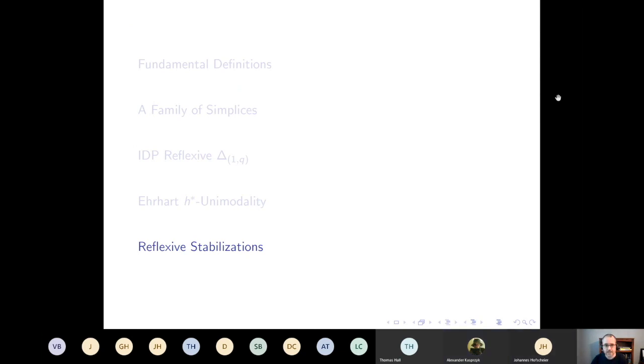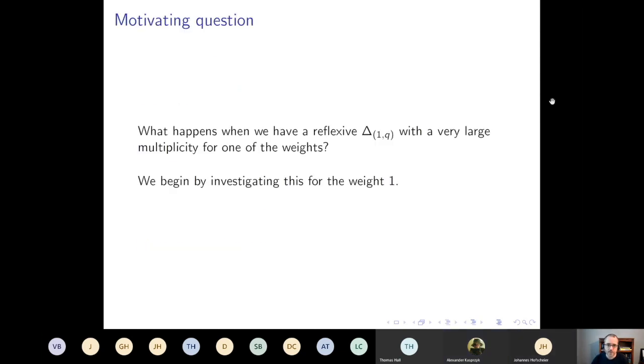Okay. So I mentioned that thinking about the multiplicities is really useful. So we did ask, what happens if we have a reflexive delta 1 Q, just reflexive, dropping IDP, with a very large multiplicity for one of its weights? We started out by saying, what if the weight 1 has a very large multiplicity?